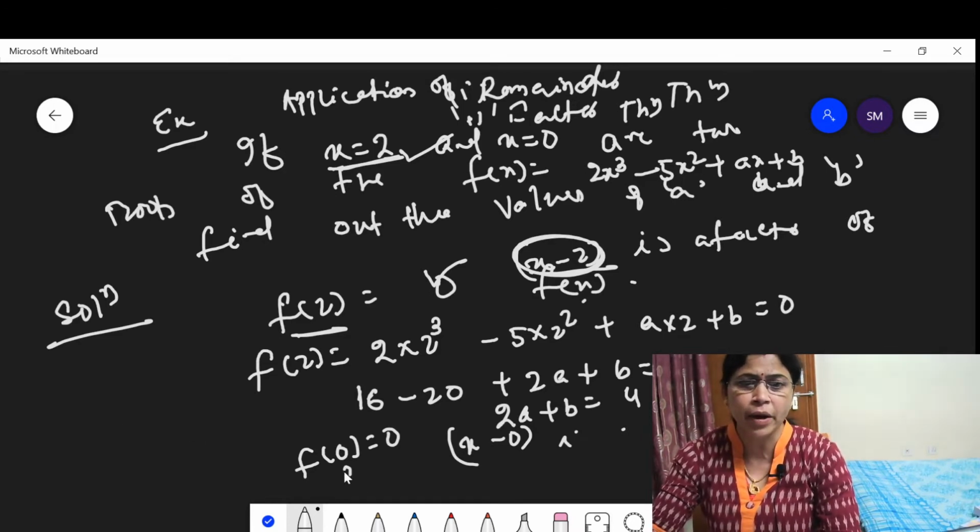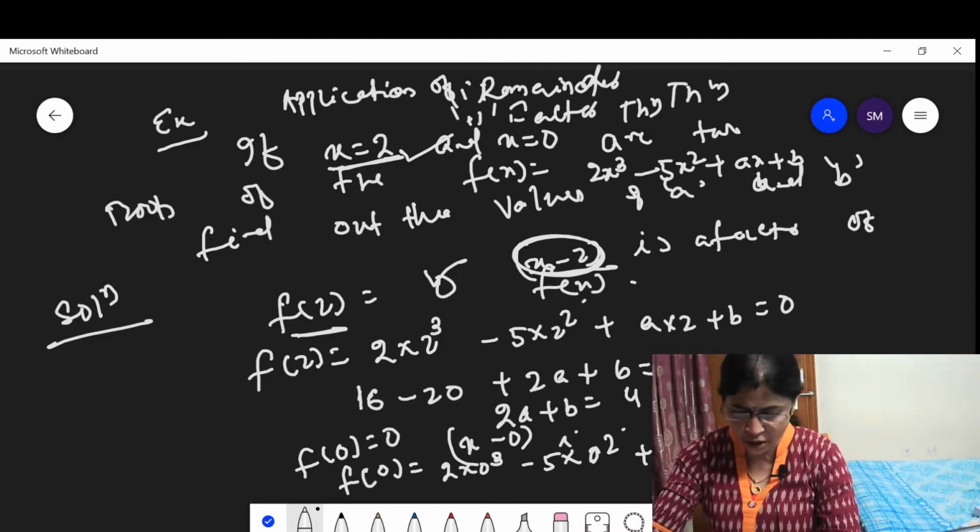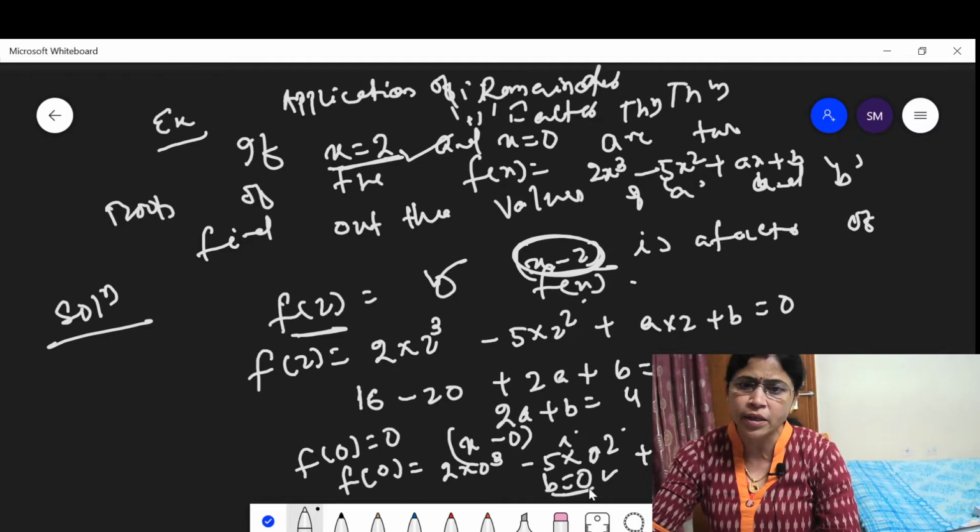Then let us find out f of 0. f of 0 is equal to 2 into 0 cube minus 5 into 0 square plus a into 0 plus b is equal to 0. This shows that b is equal to 0, and put b is equal to 0 in equation 1.